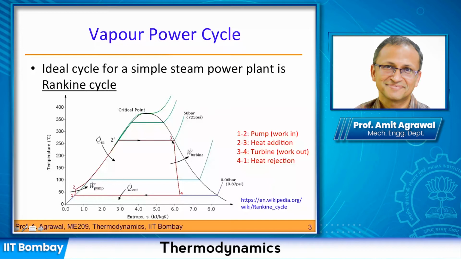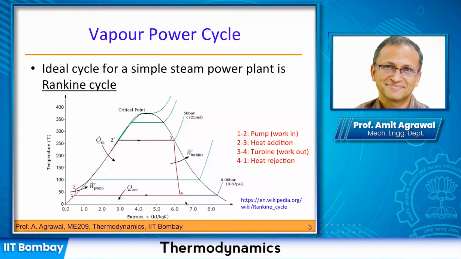And then this point is going to have the same entropy, S3 is equal to S4. And this is S4, you know now, and you know P1, so you can locate this point. So you can see that knowing two properties, we are able to get to all these points.